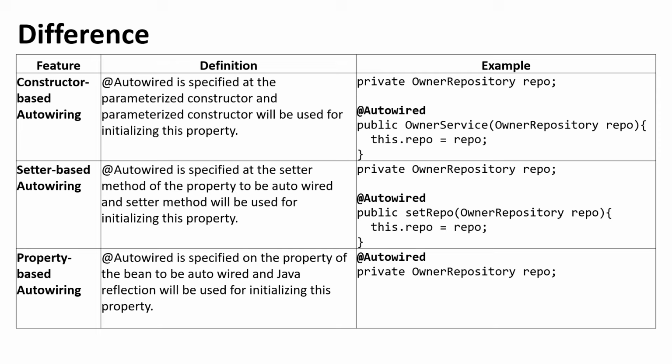So try to understand. Imagine that this constructor is a car, and this setter is something like a motorcycle, and the property is like a cycle. Now if I tell you that you just need to do some kind of exercise, can you do it with a car or motorcycle? The answer is no. In order to do some exercise, you will choose the cycle.